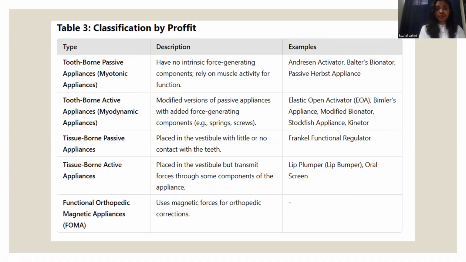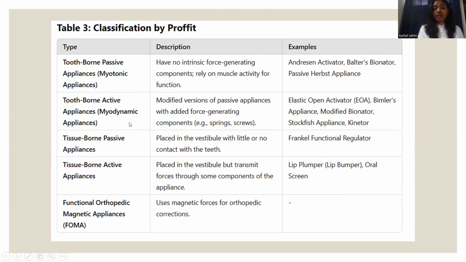In the classification by Proffit, we have myotonic appliances, myodynamic appliances, tissue-borne passive appliances, tissue-borne active appliances, and then functional orthopedic magnetic appliances, which is nothing but FOMA. In myotonic appliances, we have classic examples of the activator, bionator, and Herbst appliance.